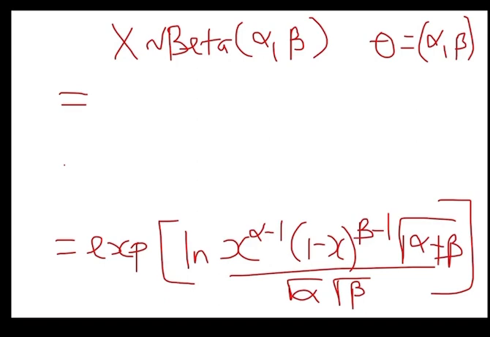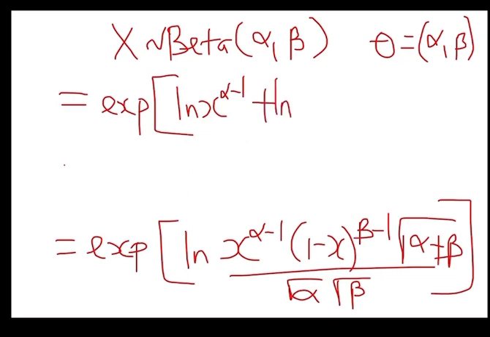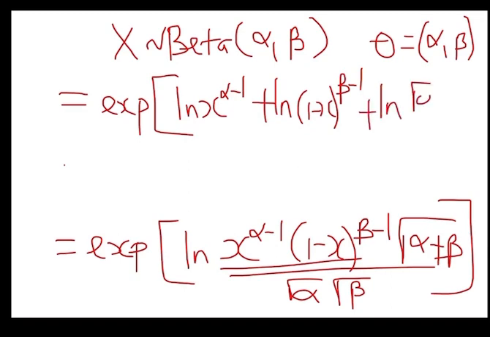I'm going to have ln x raised to power alpha minus 1, then plus ln of 1 minus x raised to power beta minus 1, as you can see, plus the ln of gamma alpha plus beta divided by gamma alpha gamma beta.